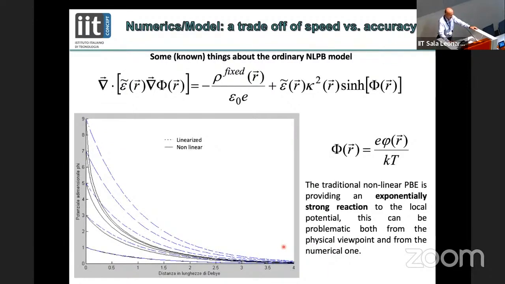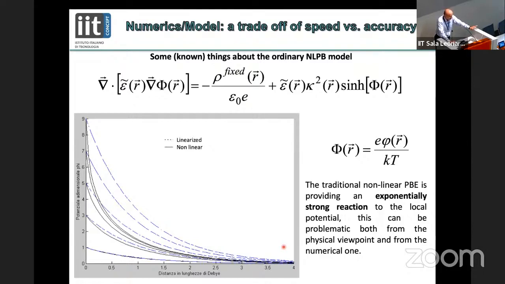So we discussed a few days ago about the role of the nonlinearity and how it acts. This is probably known to all of you, but just to say something to the youngest people among us. There is only one analytical case where you can solve both the linear and the nonlinear, and this is the planar case.